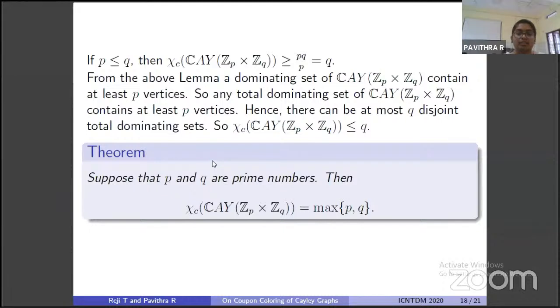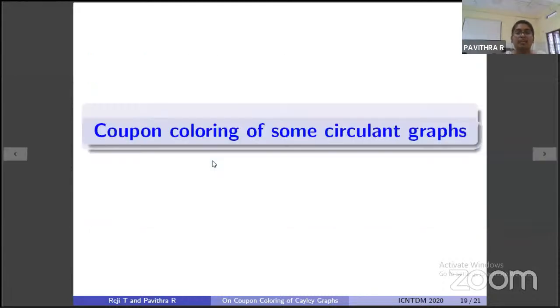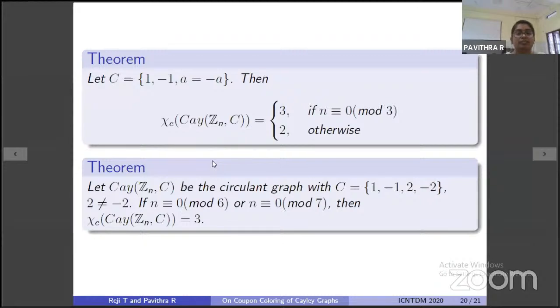Finally, we have found some coupon coloring on some circular graphs, two circular graphs actually. The first one is with connection set 1, -1 and a equal to -a, that is, the additive inverse of a is the same as the element.